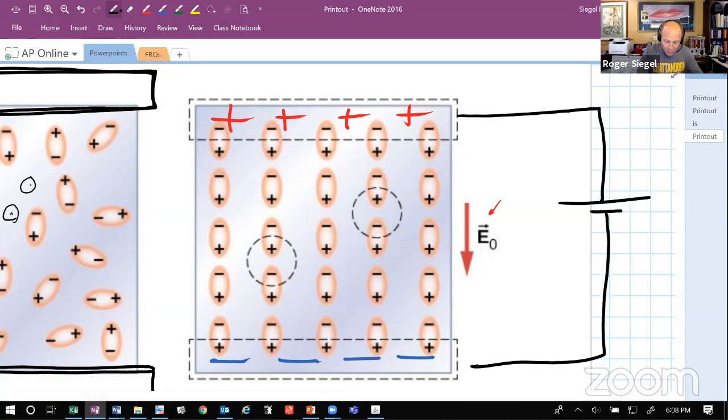What does that mean? Well, that means that the protons are going to be pushed down, and the electrons are going to be pulled up. We're going to get these little stretched out atoms. Each one of these atoms, once the electric field turns on, is going to get stretched out.